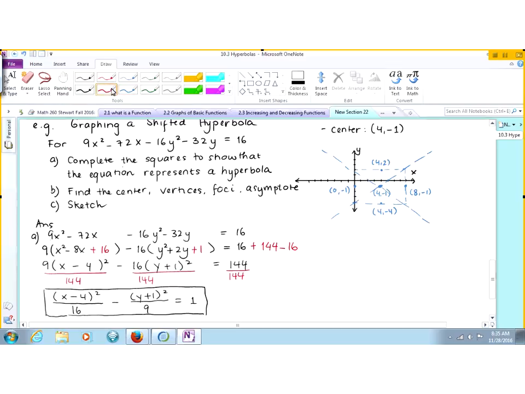Okay, now what? Am I drawing a vertical one or a horizontal one? Horizontal, yes. How do you know it's horizontal? The coefficient of x squared is positive, so yes. So I'm using this vertex right here, and then it's going to get closer and closer to the asymptote, but not touch.